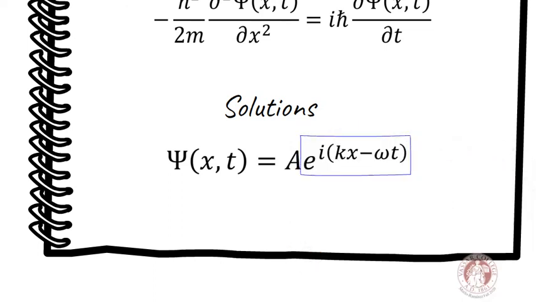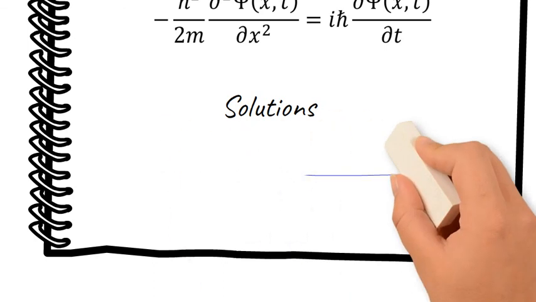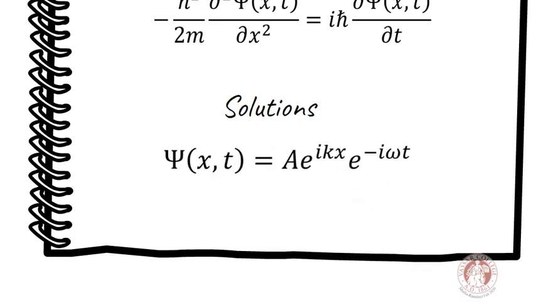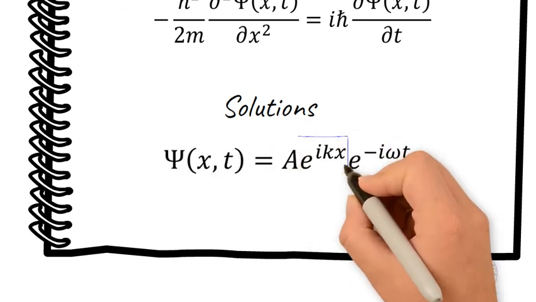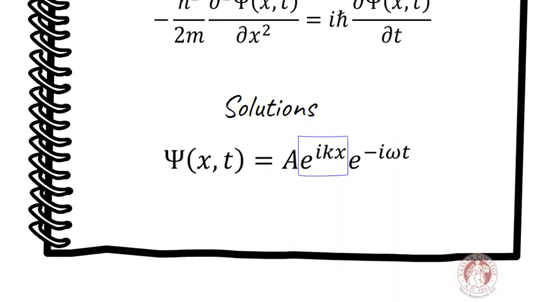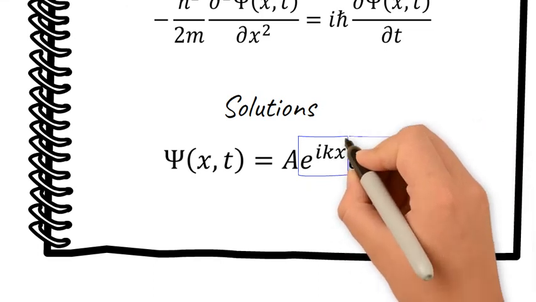Now, notice that the exponential term is the product of two exponential functions, then it can be separated in the following way. One exponential function depending only on the spatial coordinate, while the other one depending on the time.